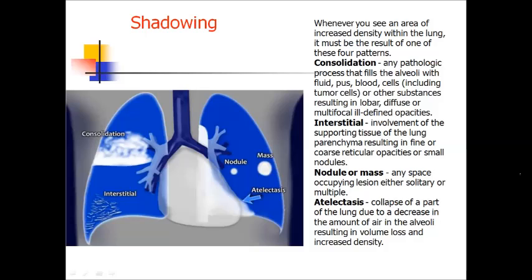Second, interstitial involvement of the surrounding supporting tissue of the lung, resulting in fine reticular opacities or small nodules in lung fields.